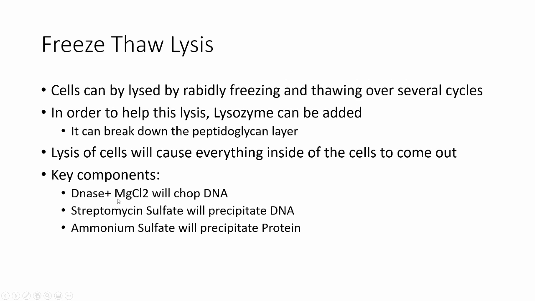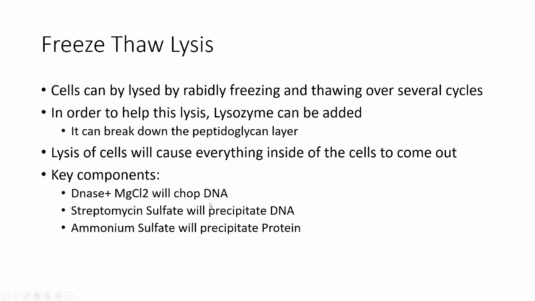The first one, right after we're done with our freeze-thaws and the solution becomes viscous, is DNase and magnesium chloride. This will chop up the DNA so that the solution becomes less viscous. The reason we want to chop up the DNA is because DNA is very long, and it ends up getting tangled around itself and all the proteins, and that's what makes the solution viscous. So that's why we need to chop it up.